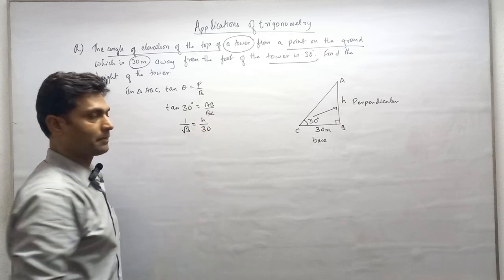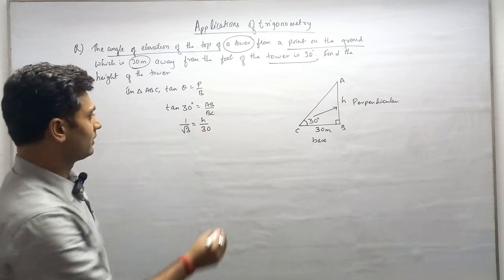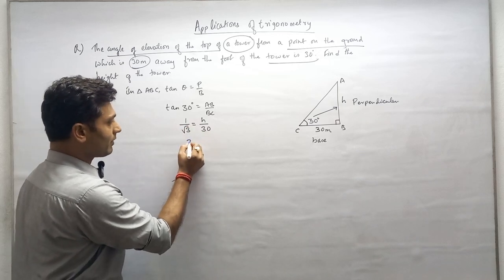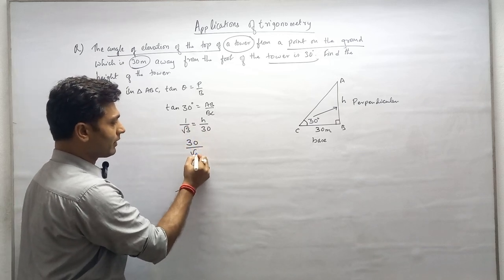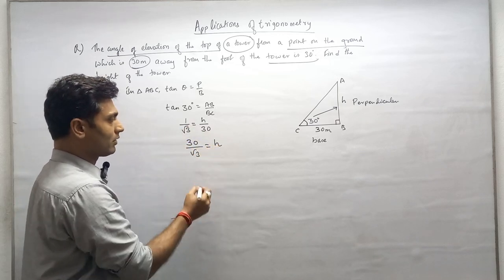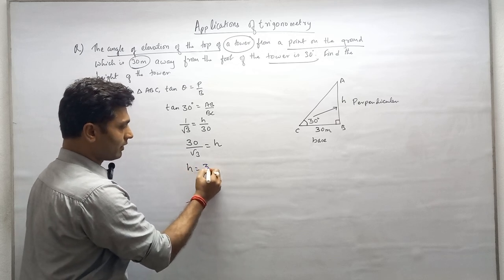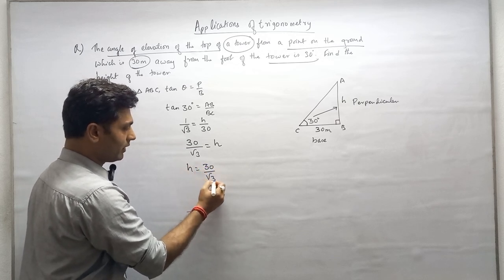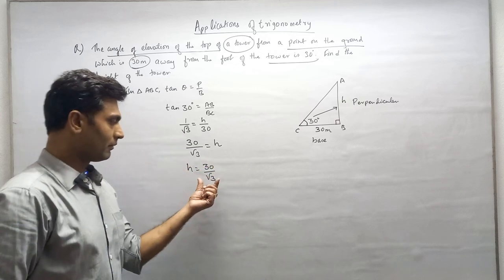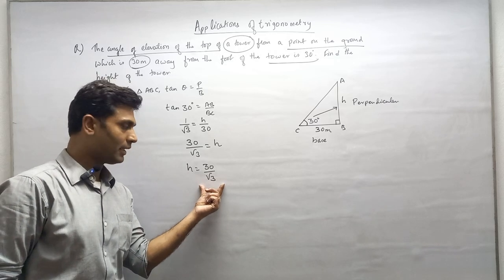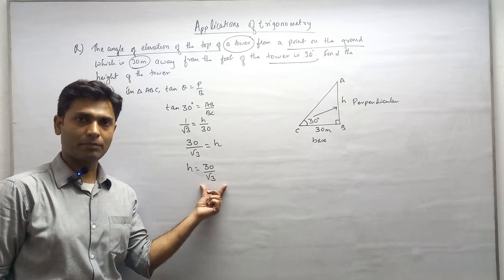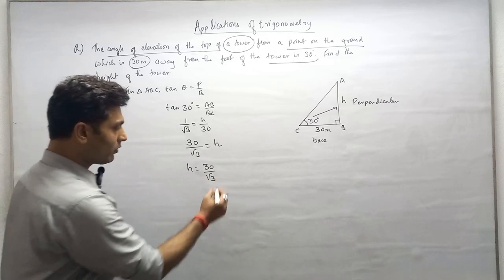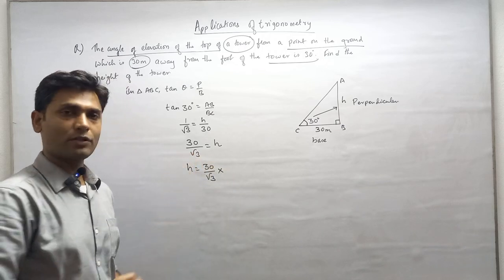AB is h and BC is 30. So when we cross multiply, this becomes 30 divided by root over 3 is h, or h is equal to 30 by root over 3. Now the denominator here is an irrational number, so we rationalize the denominator.